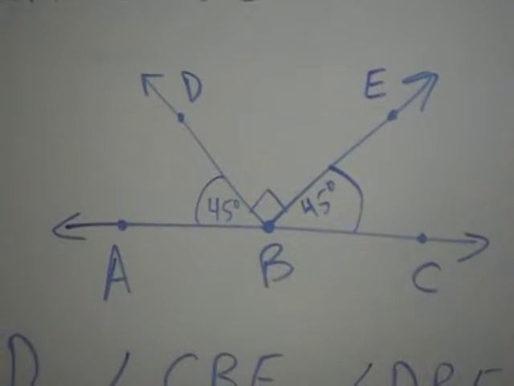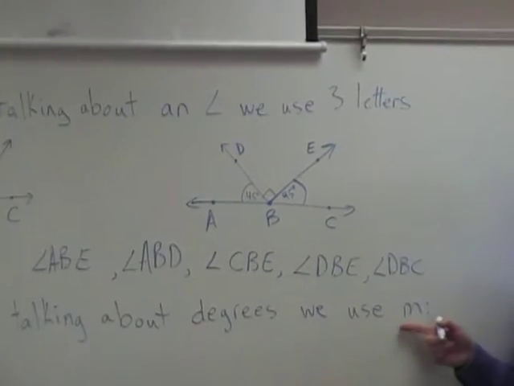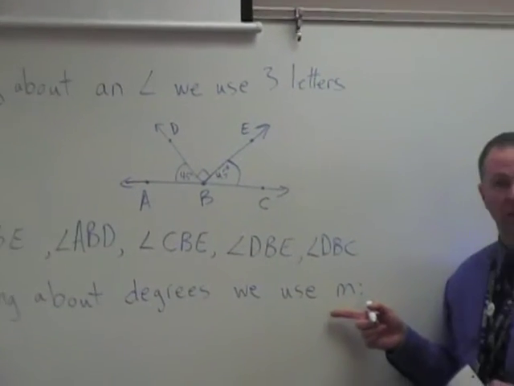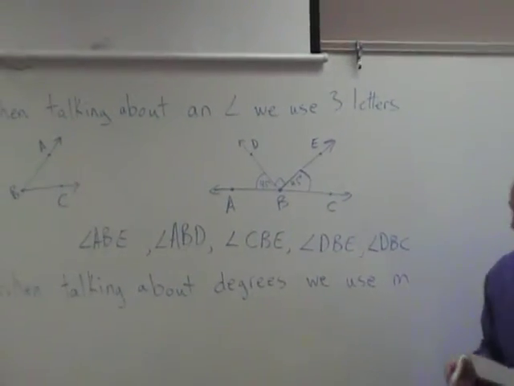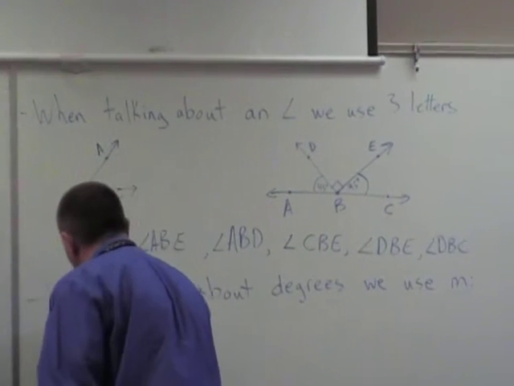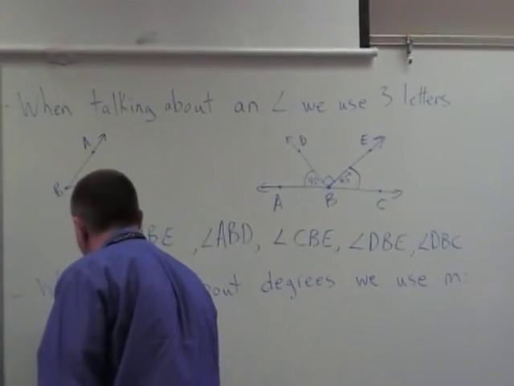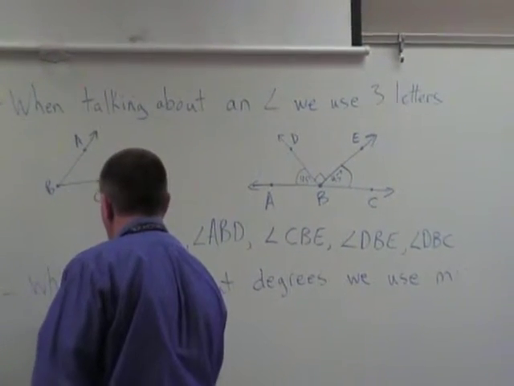Before, we were talking about the angle, the picture. This time we're going to talk about the degrees, the number value of the angles. So, what is, and M stands for measure, what is the measure of angle ABD?